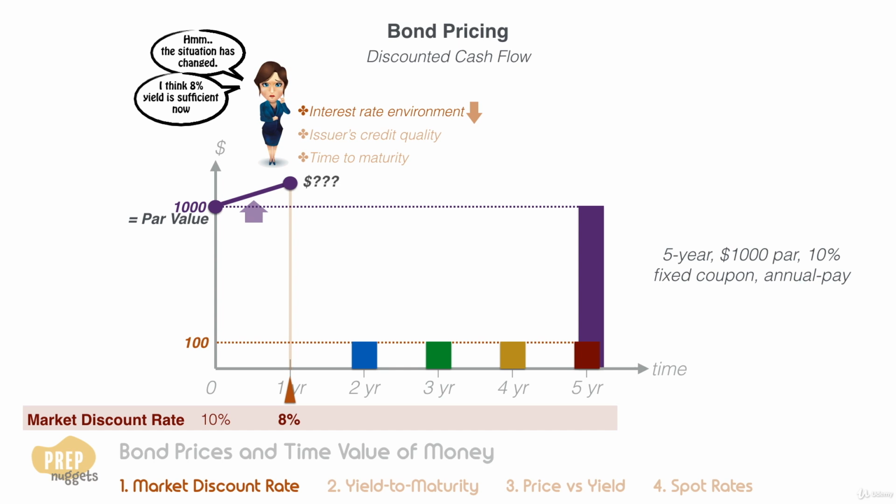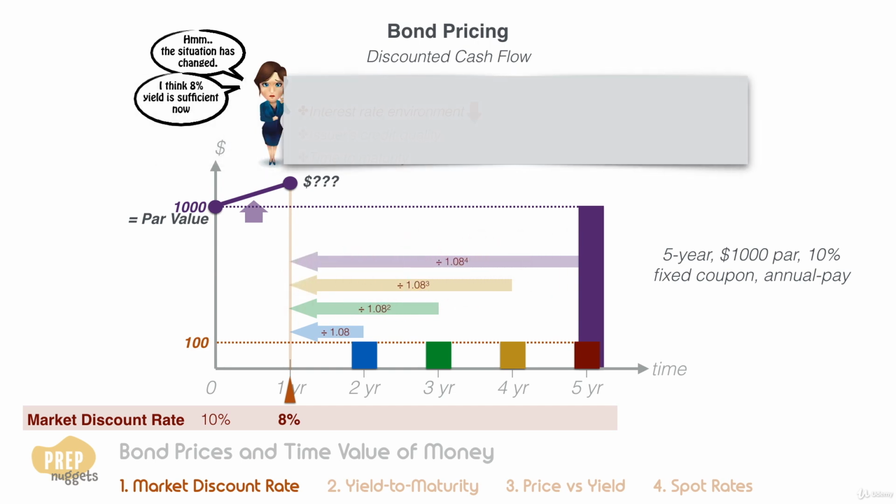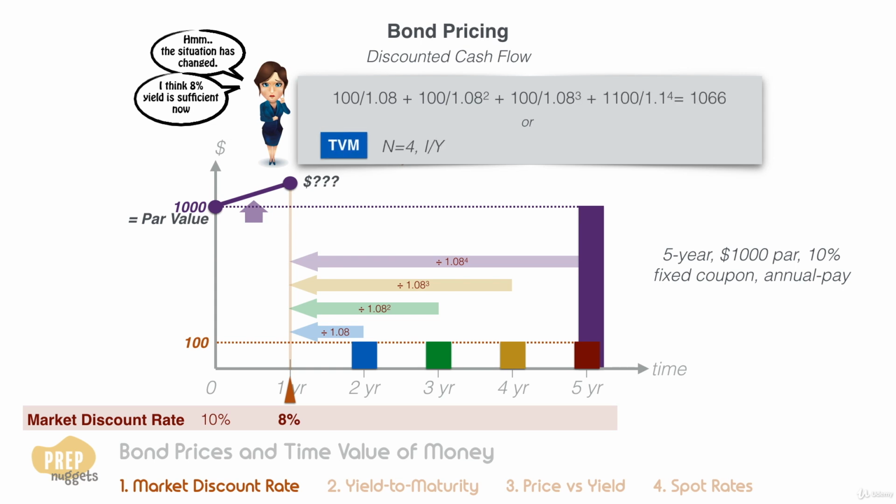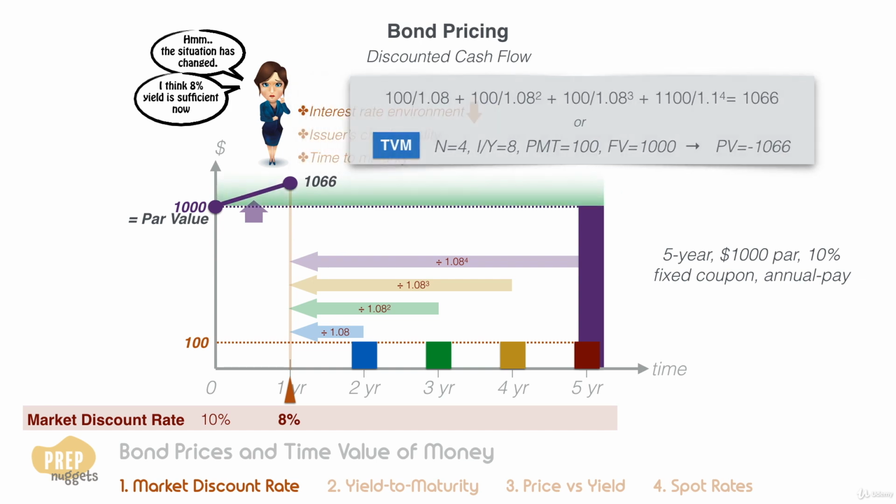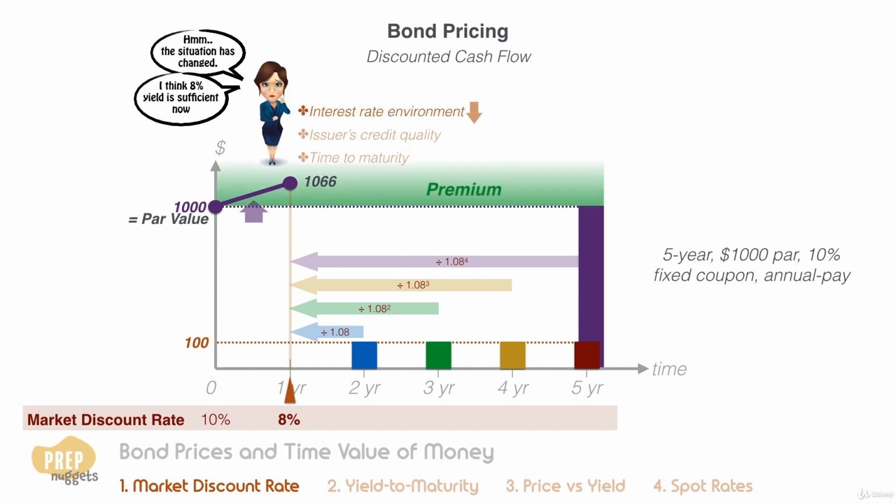Again, this price can be calculated if we use the market discount rate to discount all the future cash flows back to their present value and sum them up. Using the same calculation methods, we get a price of $1,066. We say that this bond is trading at a premium because its price is above the par value.